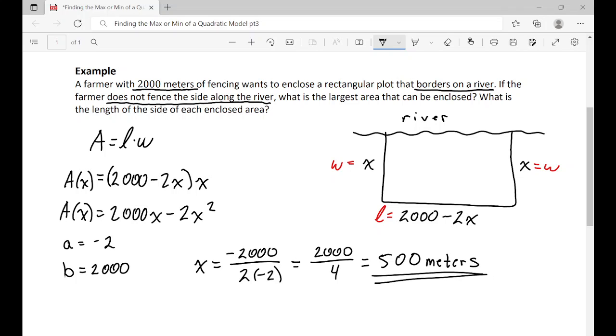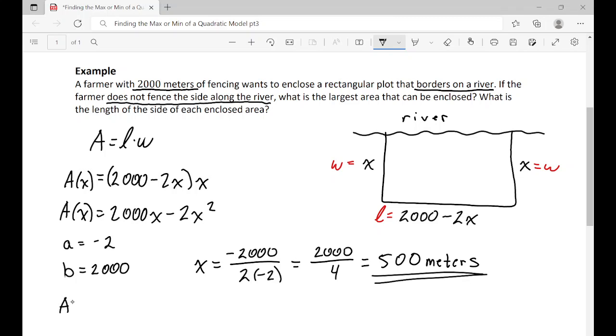So what can I do with this? Well, I need to know what the largest area can be. So if I have 500 and I have a function, A of x, that represents the area, I can just plug 500 in here and find out my area.